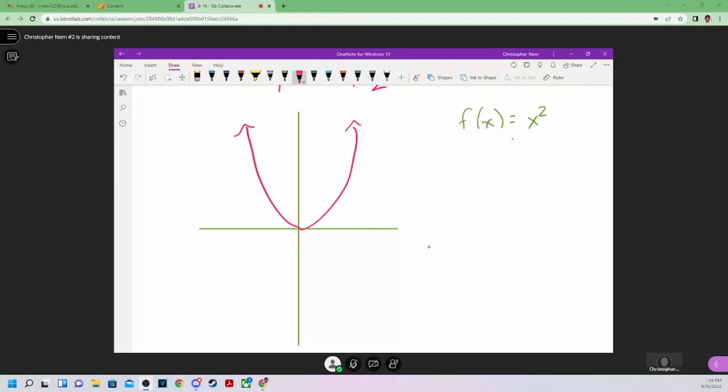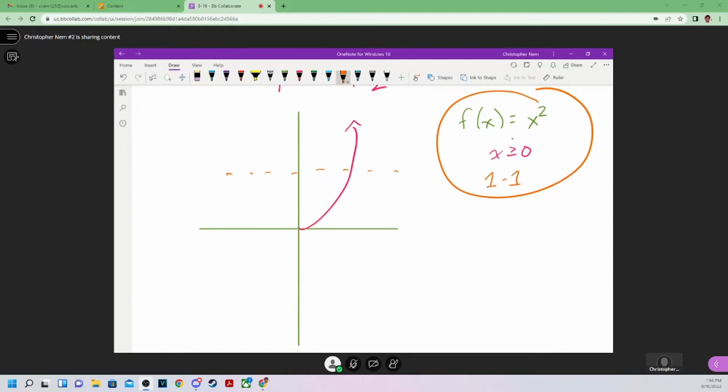So if I restrict my domain to x only being positive values, and I erase this portion of my quadratic, notice that this does pass the horizontal line test. So we can say this function is one-to-one if I restrict the domain. If I need this part right here. If I do not have that part, then it is not one-to-one.